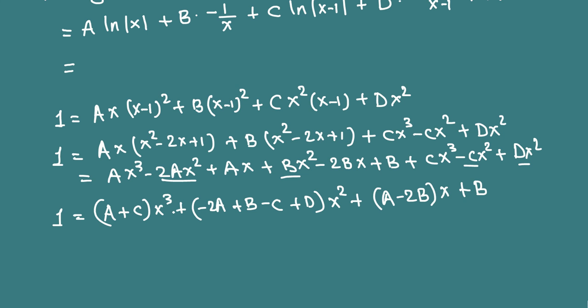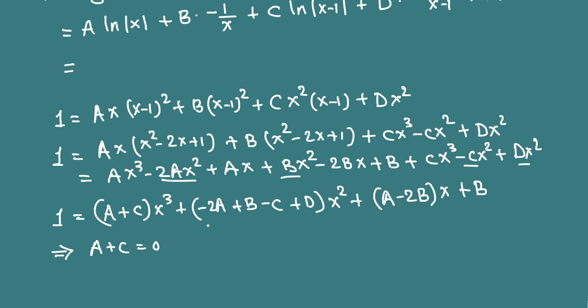Now we are saying this cubic polynomial in the right hand side is equal to 1. So 1 is the same as 1 plus 0x plus 0x squared plus 0x cubed and so on. When we equate the coefficients, a plus c must be 0, since the x cubed coefficient is 0 on the left side.